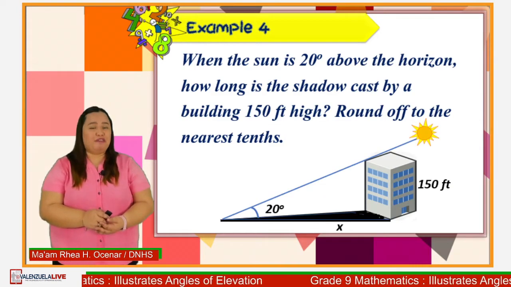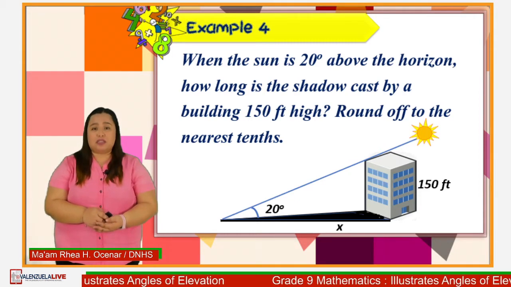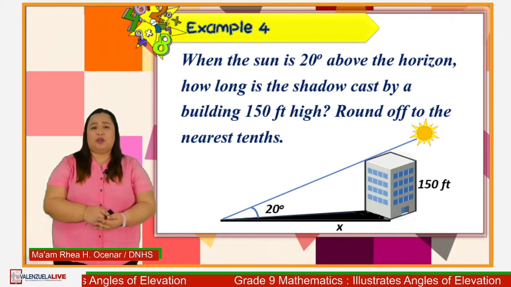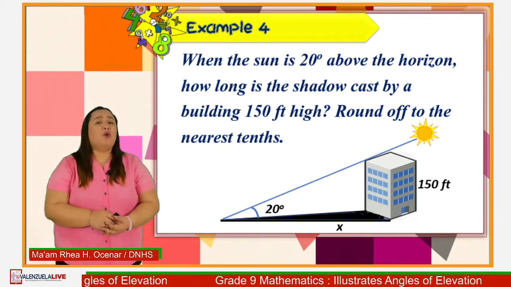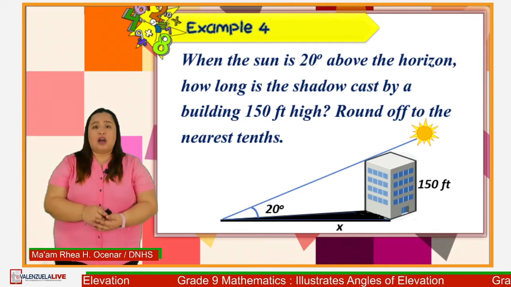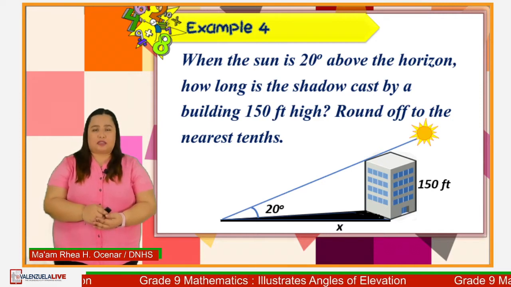Example number 4. When the sun is 20 degrees above the horizon, how long is the shadow cast by a building 150 feet high? Round off your answer to the nearest 10.